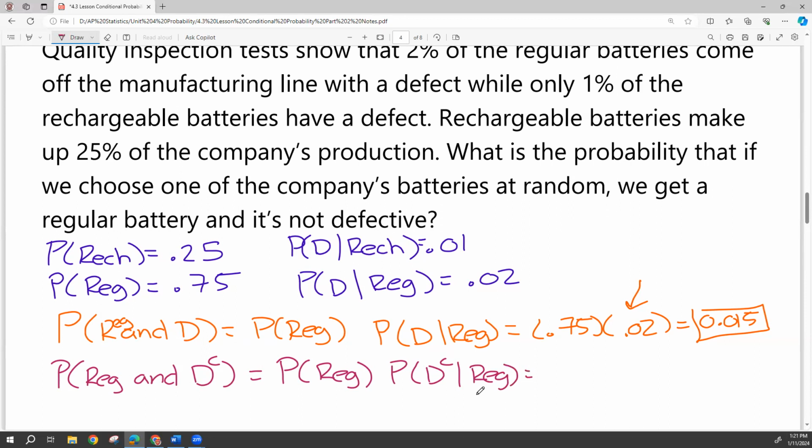If 2% of them are defective, then that means 98% of them work. And so when we multiply those two together, we get 0.735. So that's the probability that we'd randomly select a regular battery that works. So again, using the multiplication rule.